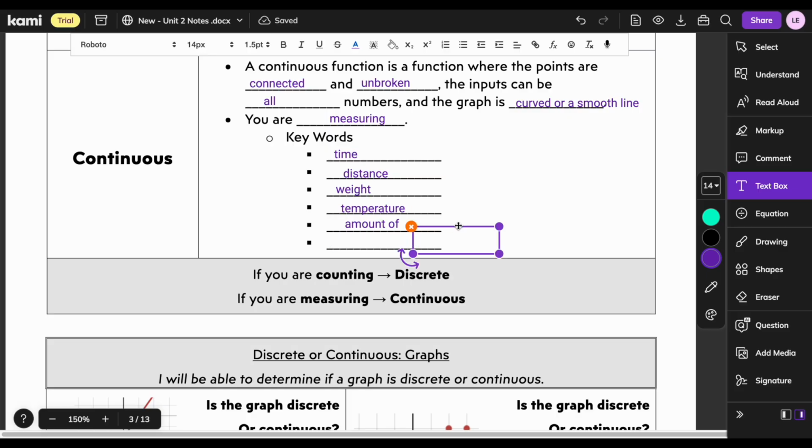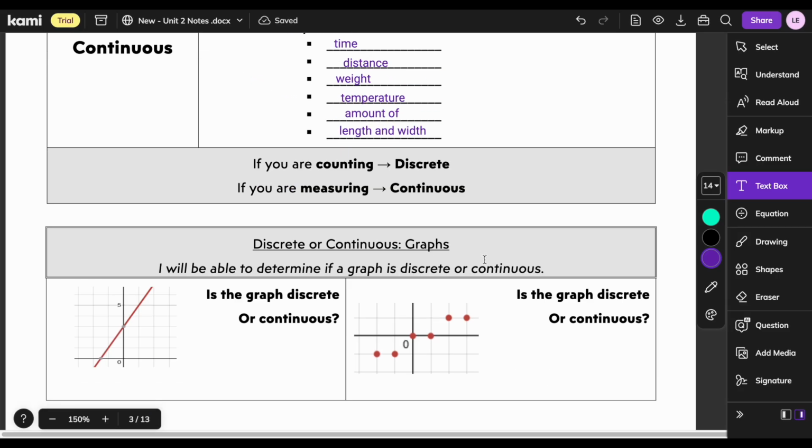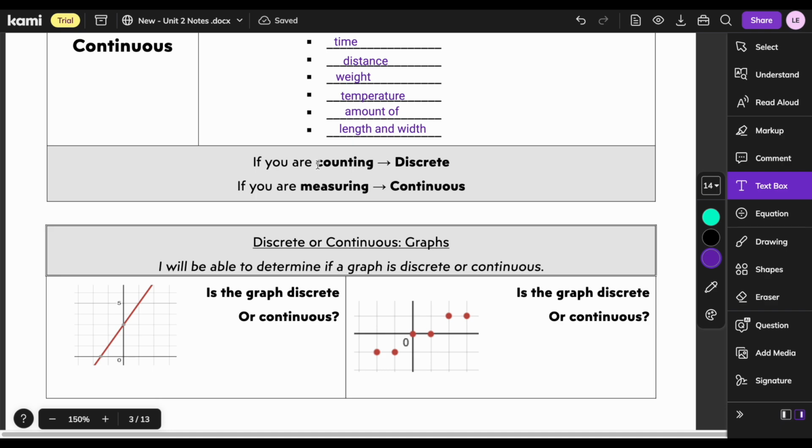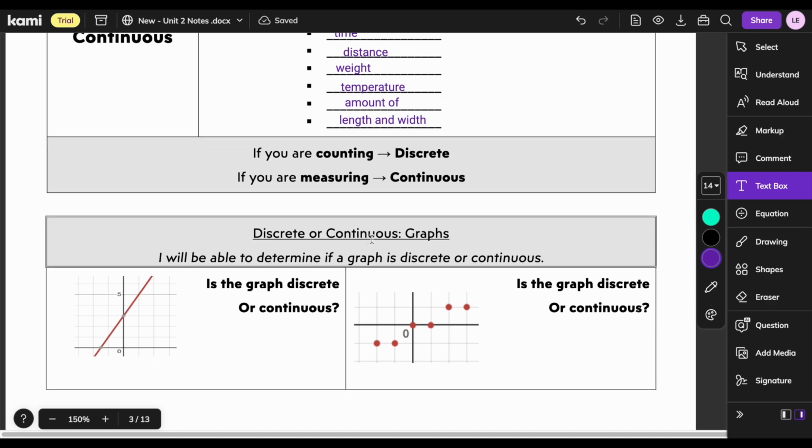And then our last one that we'll kind of see used is length and width. So if you're measuring the length and width of something, that is considered a continuous function. So the key thing to take away from this is if you are counting, it is discrete. If you are measuring, it is continuous.